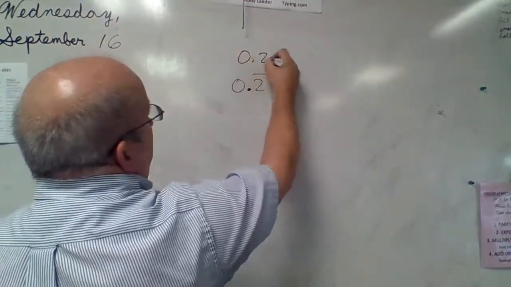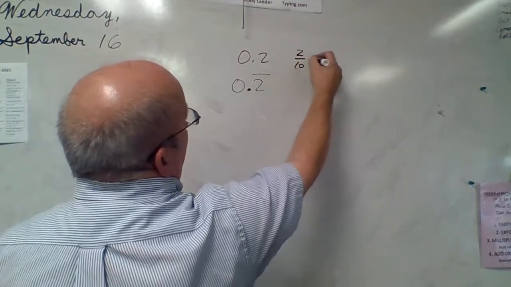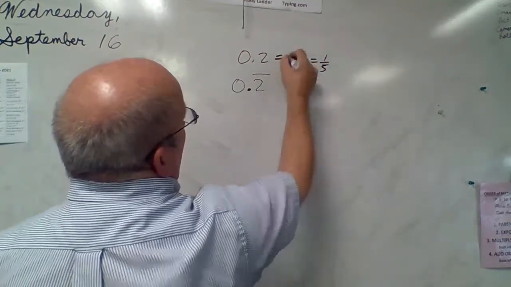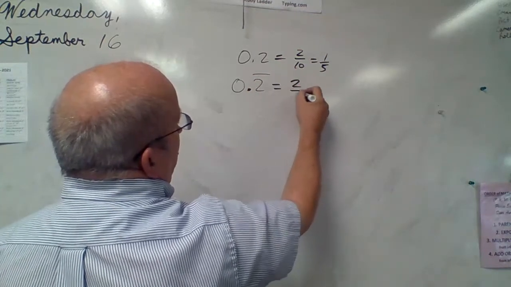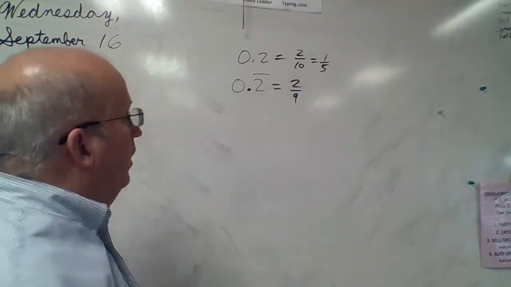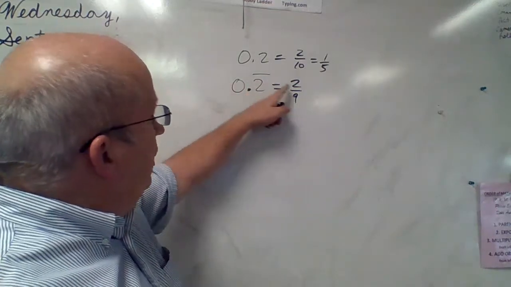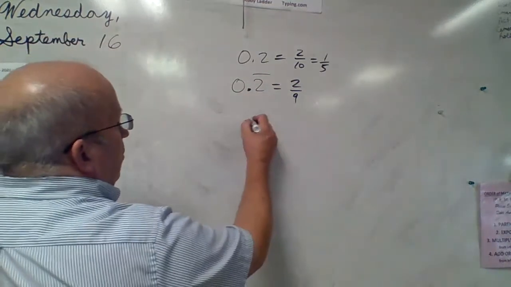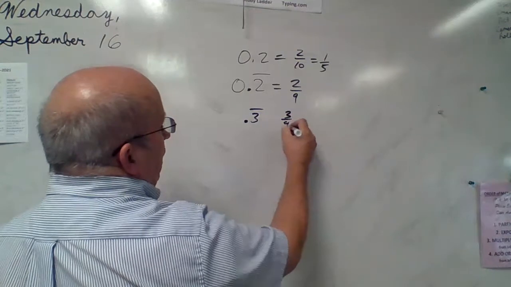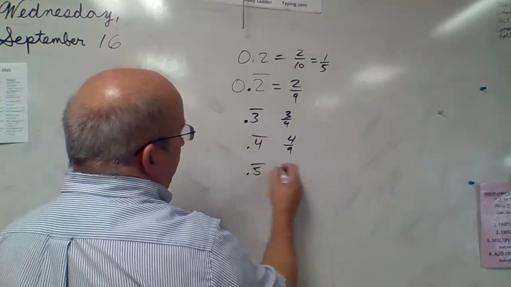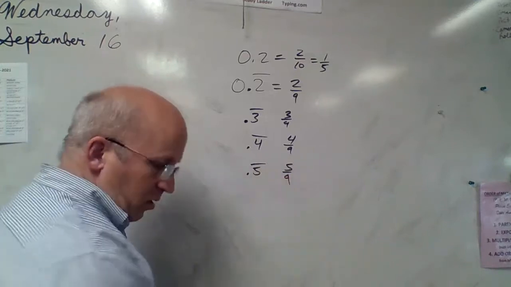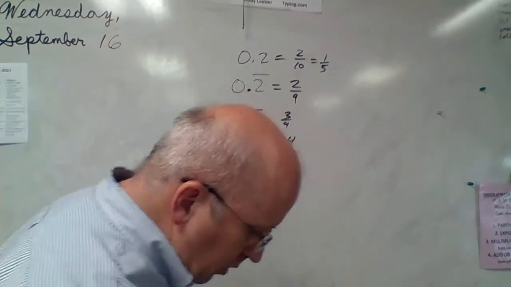Well, if it was 0.2, we'd write it as 2/10, or simplified form, 1/5. But this is a repeating decimal, so the way we do it is we just simply put it over 9, believe it or not. 0.2 repeating is 2/9. 0.3 repeating is 3/9. 0.4 repeating is 4/9. 0.5 repeating is 5/9. That's all you have to do with those, okay?